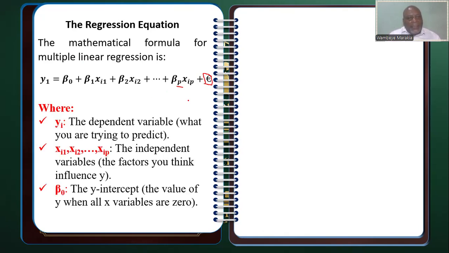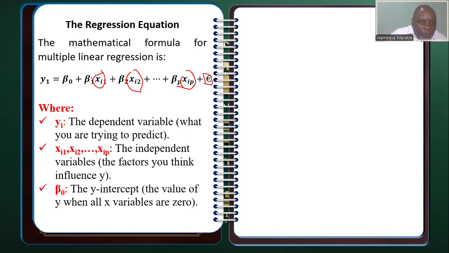Now here, y is the dependent variable, and this is what you are trying to predict. And the x's, there are several of them here, this one, this one, they are the independent variables, the factors you think influence y.